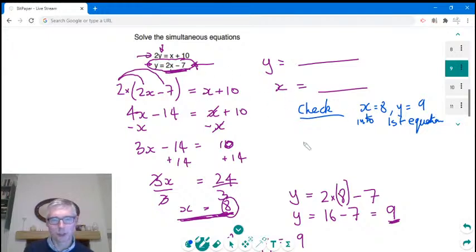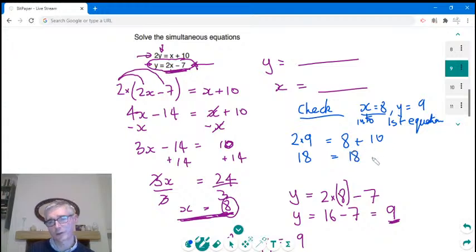So we've got 2 times the y value, so 2 times 9 should equal, if we've done it correctly, the x equals 8 plus the 10. So the left-hand side does give us 18, and the right-hand side gives us 18.